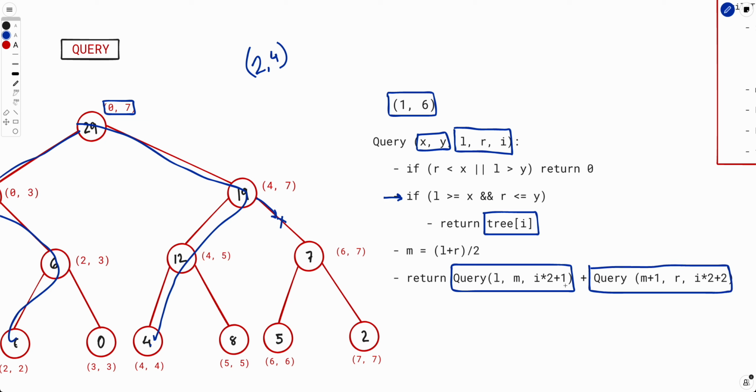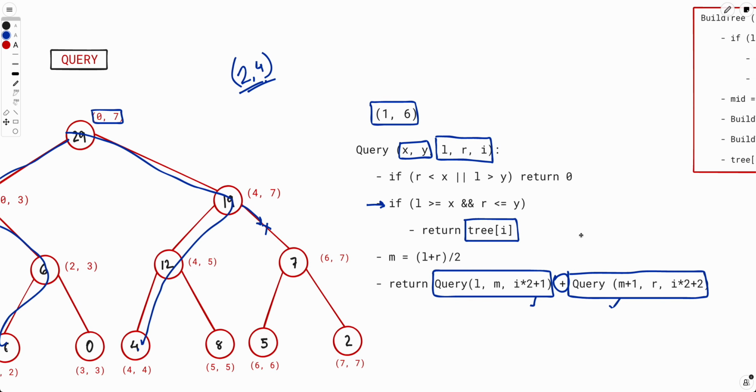Finally, we add the contribution that we get from the left and right halves, and that would be our final result, right? So hope this pseudocode also makes sense. And this entire thing would run in order log n time, because we will be touching at max 2 log n nodes during this entire journey, right?